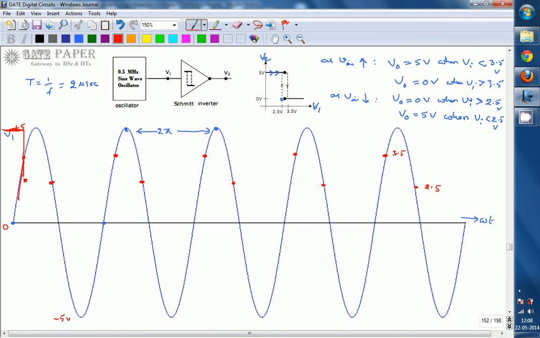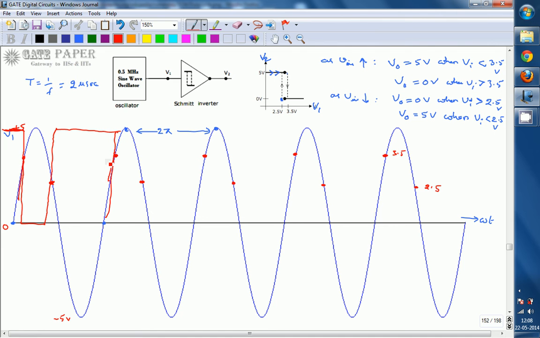It will go towards 0, and it maintains 0 until the input signal, while decreasing, becomes less than 2.5 volts. By that time the output again increases towards 5 volts. When the input reaches 3.5 again, it goes back to 5 volts and so on.